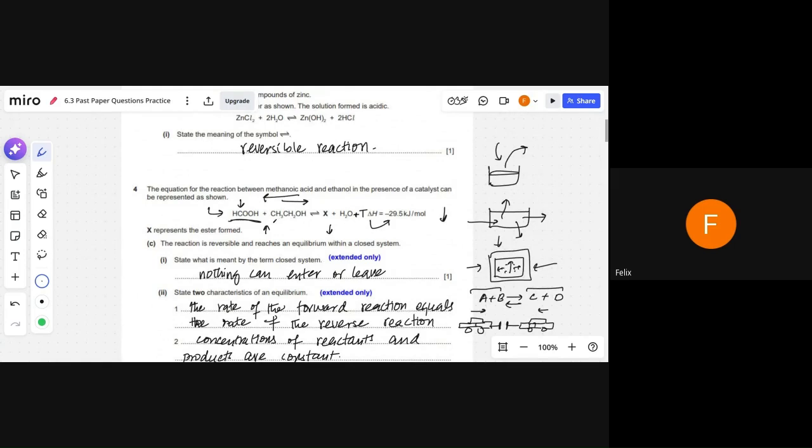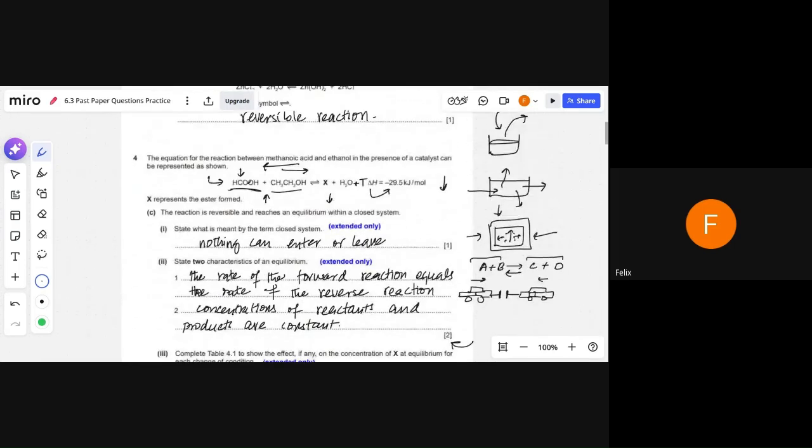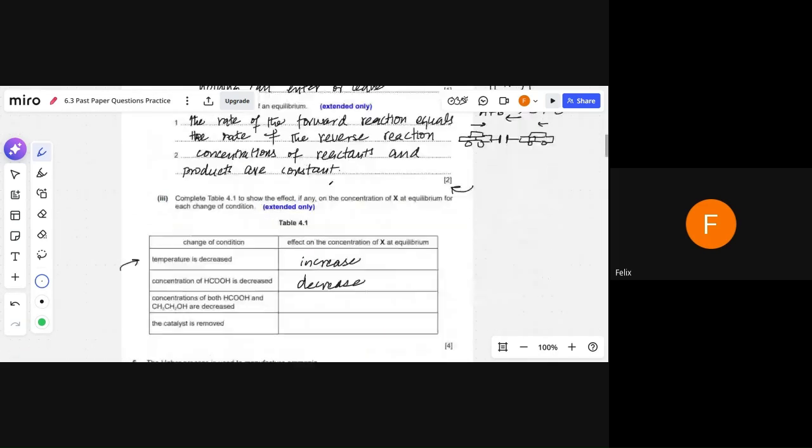Both of them are reactants, and what is happening? Decrease. Again the same thing. If you decrease the concentration of both the reactants, the reaction will shift towards the left side to create more reactants and compensate for the change. In that case, again, X will decrease.